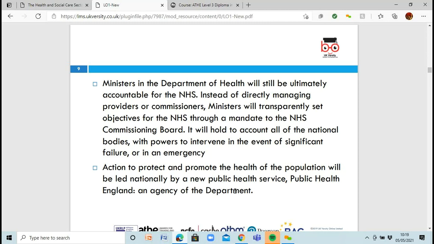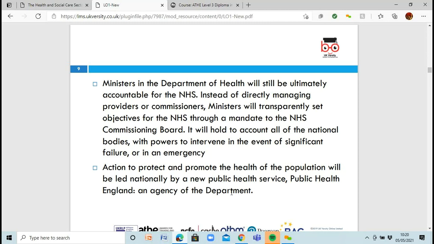Overall, even though they're not physically running the NHS, they're in charge of making sure that the targets and objectives are being met. So it holds to account all of the national bodies, and it has the power to intervene if there's a significant failure or if there's an emergency within a sector or within a certain setting.